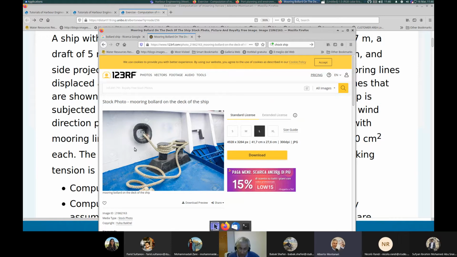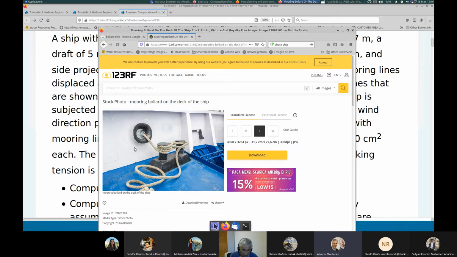increase the resilience of the mooring line, because of course if you have only one body of rope with the same cross-sectional area, if this unique body gets damaged for some reason, then the damage may rapidly extend to the whole cross-sectional area.